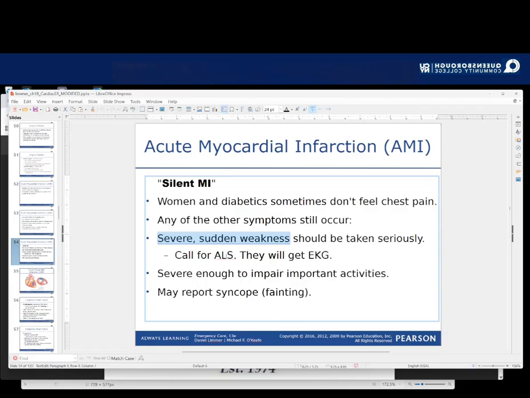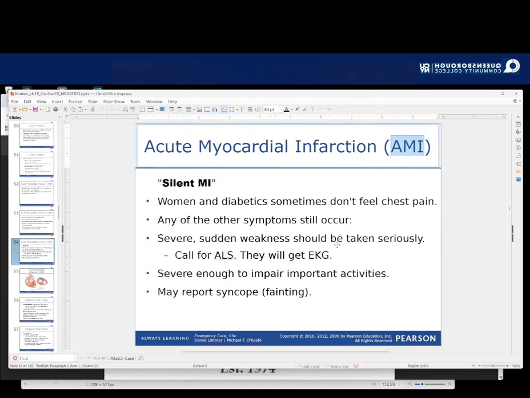But if the EMTs show up first and they see many of the other symptoms of ACS except chest pain, they should tell the dispatch, either get us ALS or tell the ALS that is coming to our location to step it up, because this might be a silent MI. Why paramedics? Because they'll get the EKG on, and the EKG is one more way to look for signs of a myocardial infarction.